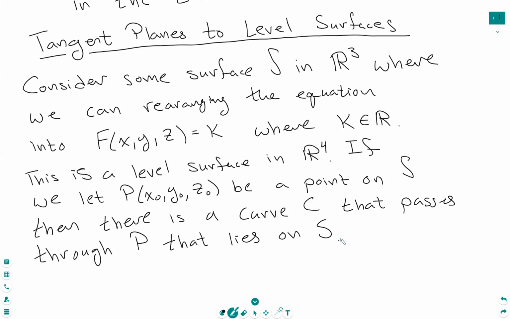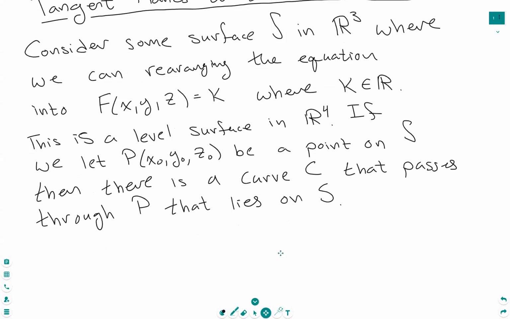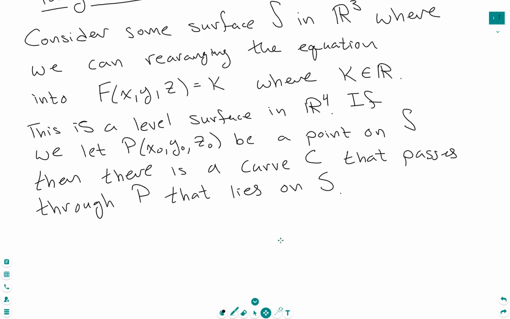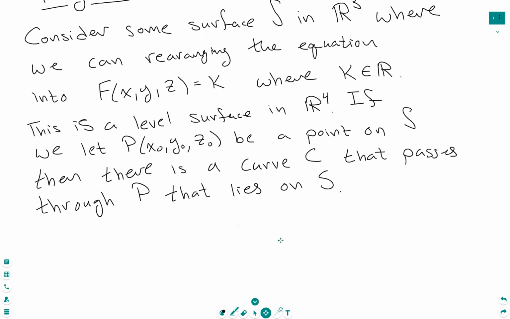So imagine this surface in R3. You don't have to think about R4 currently. You've got some point there on this surface. There has to be a curve that is on the surface S, but also passes through the point P, right? And that's just kind of like how we've talked about doing limits, right? We're on this surface and we're going in certain directions. We're still on the surface and we're trying to get to a point P.